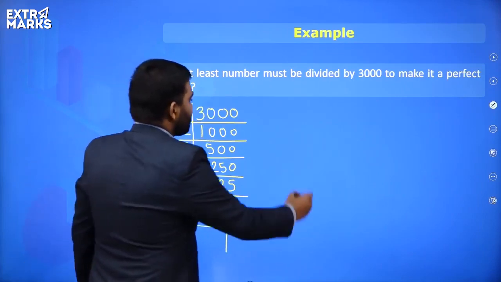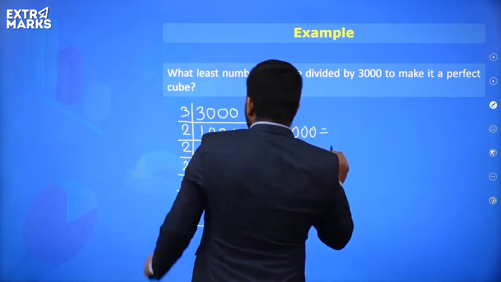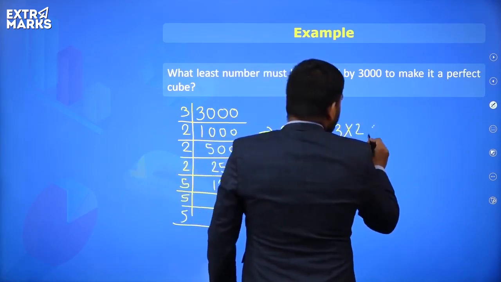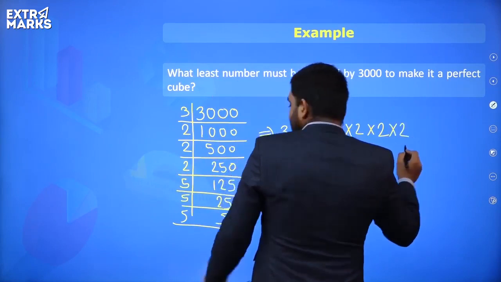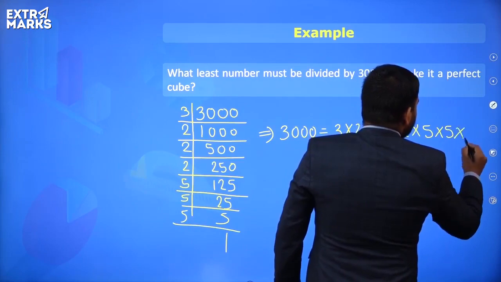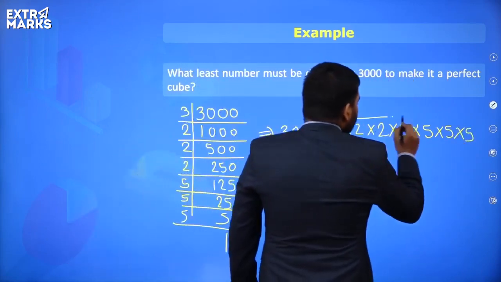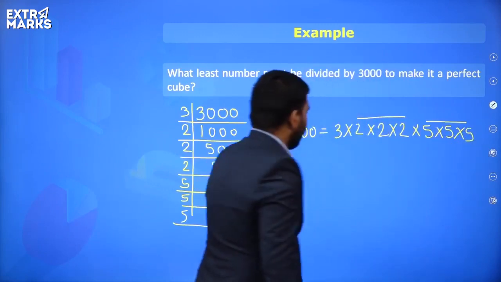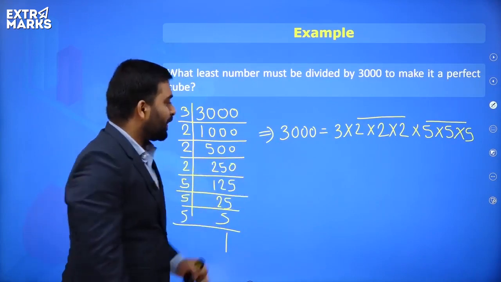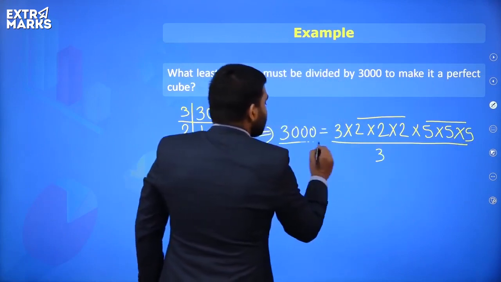So everyone, we can say 3000 as how much? You'll say, sir, 3 into 2 into 2 into 2, right? Now into 5 into 5 into 5. Correct? So now if we do the pairing, everyone, this 2 is completely paired, this 5 is completely paired. But everyone, 3 is left alone. So if we divide, everyone see, if we divide by 3 on both the sides, so how much will you get?